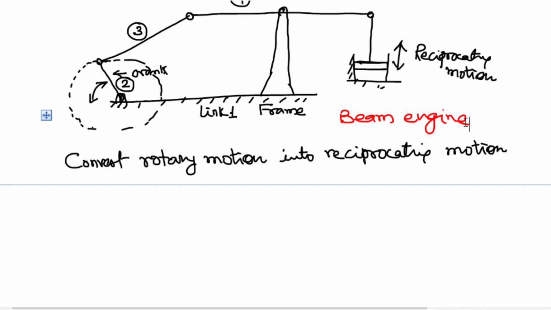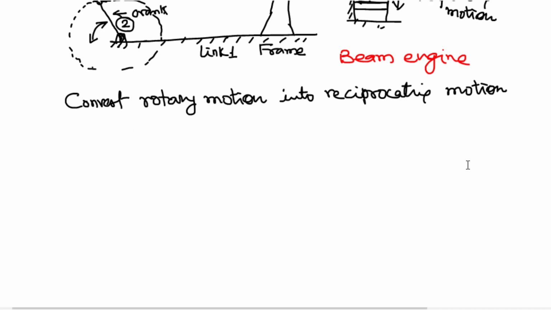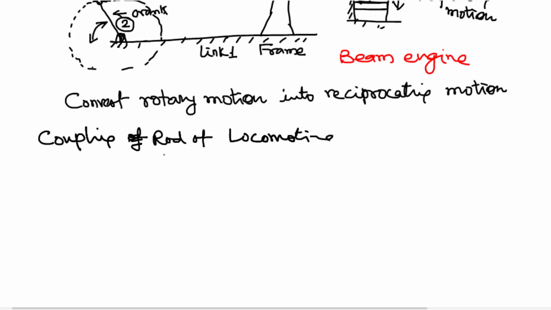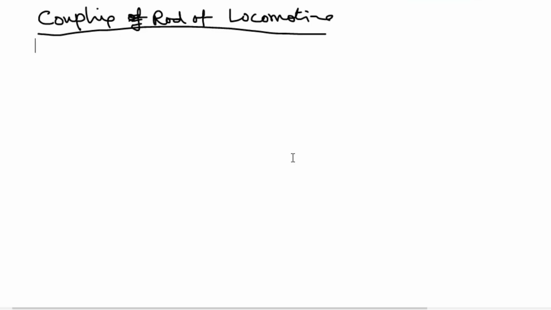Next, coupling rod of locomotive. Second example of inversion, coupling rod of locomotive.